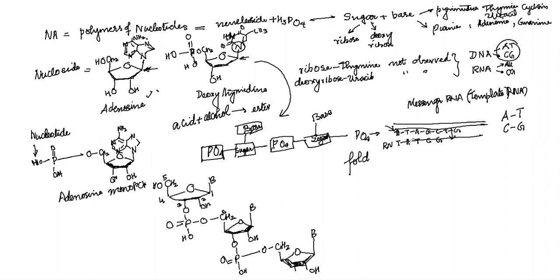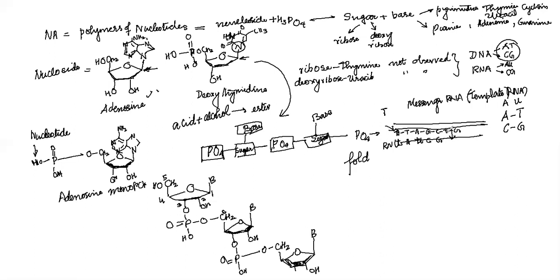Something which I have forgotten is, see here, that is very important. In RNA, there is no thymine. So complementary to thymine, it is A. In RNA there is no T, so in the place of T you have to write U. Wherever you have T, you should write U, uracil.